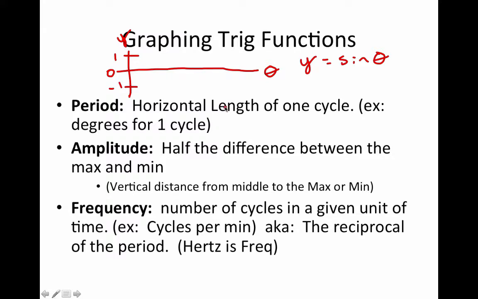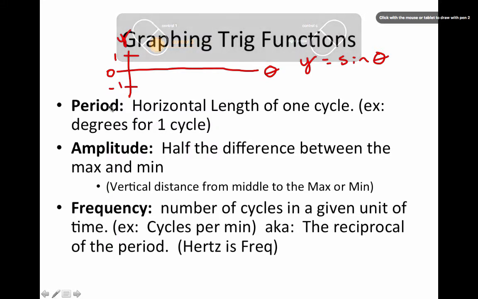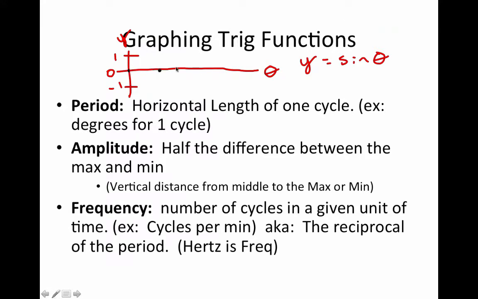What I'm going to focus on is the period, which will be one cycle. Remember, the sine of 0 is 0. We're going to start there, and I know I'm going to end at 360. Halfway in between, or 180, is going to be there. I know 90 is there, and 270 is there.